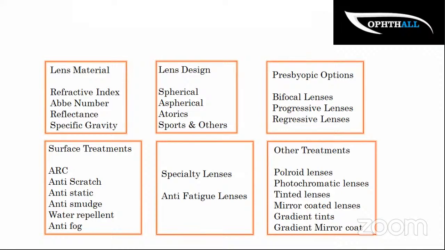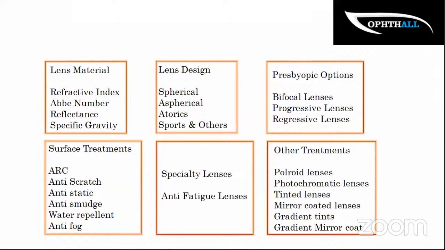Then we have hard coated lenses, which are called anti-scratch coating, then anti-static coating, anti-smudge coating, water repellent coating, anti-fog coating. These are basically to minimize the care and maintenance of the organic lenses which are ARC coated.